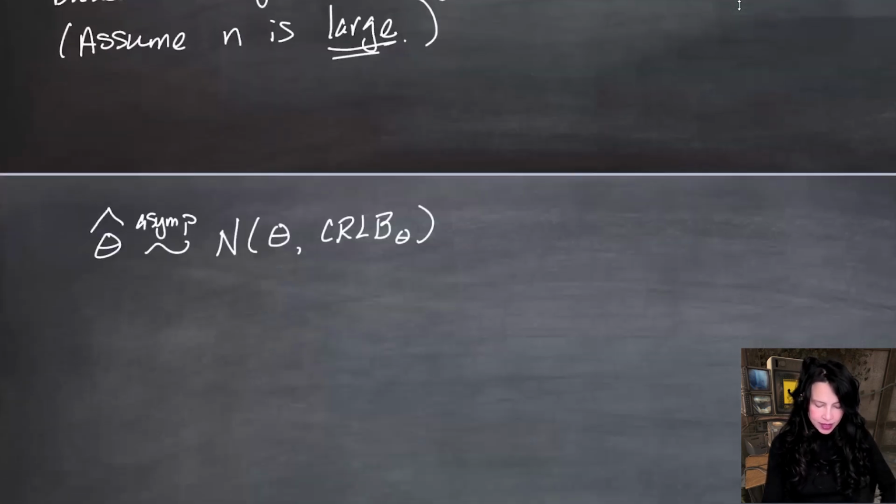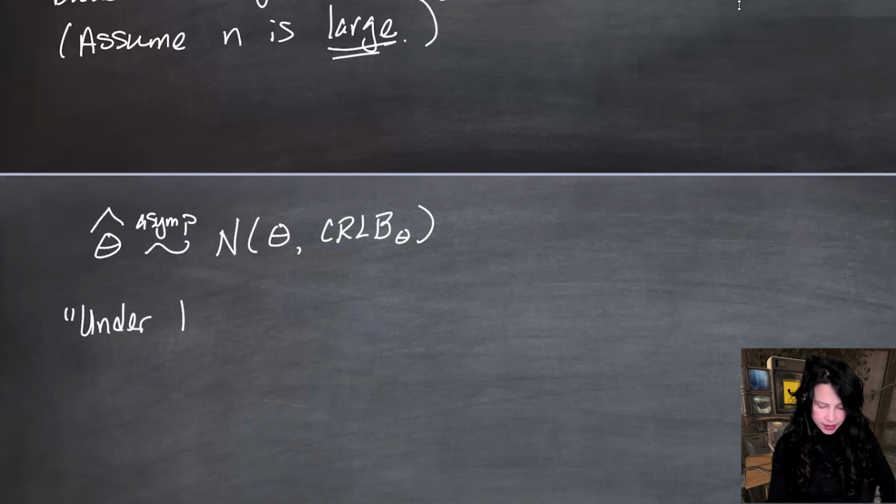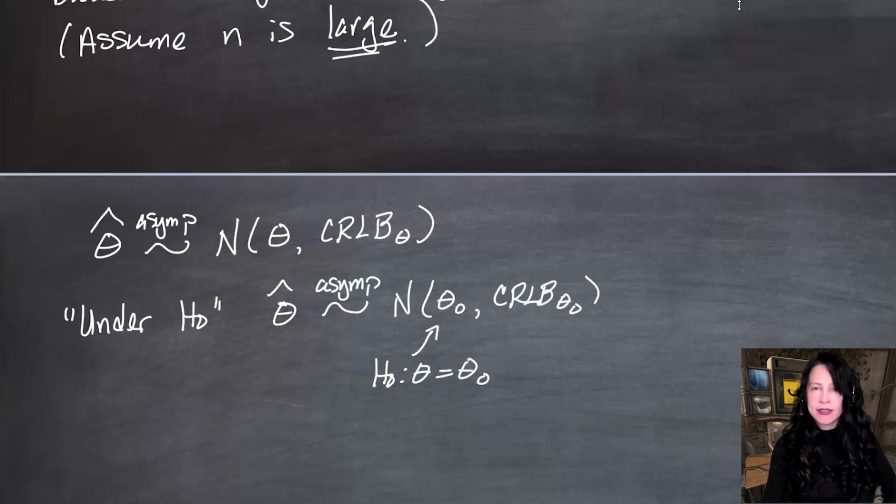The probabilities we need to compute in our hypothesis test are probabilities that are always in the case where the null hypothesis is true. So we could say, under H naught, when the null hypothesis is true, the MLE is asymptotically normal with mean theta naught, because the null hypothesis said that theta was equal to theta naught, and the Cramér-Rao lower bound for the variance of all unbiased estimators of theta naught.